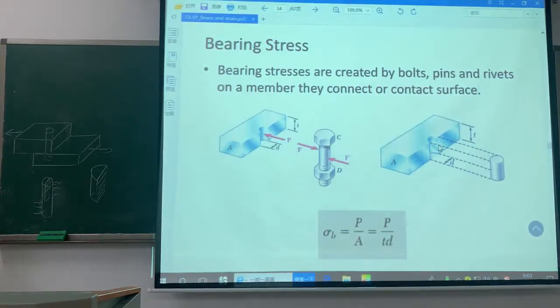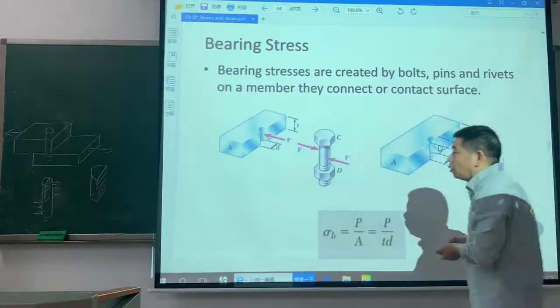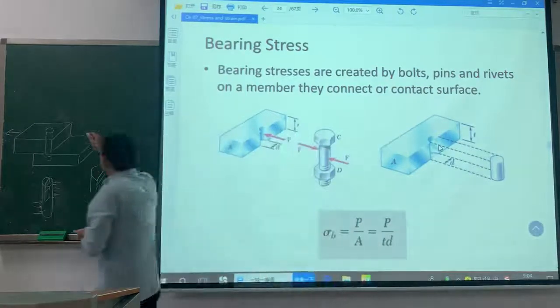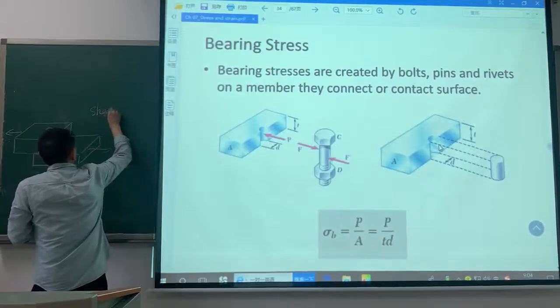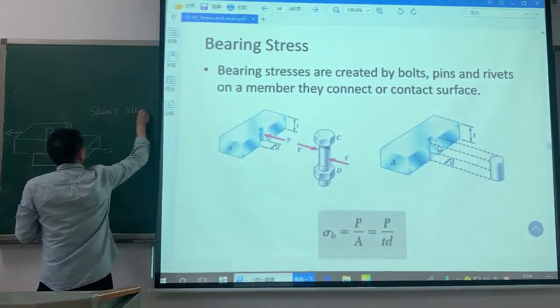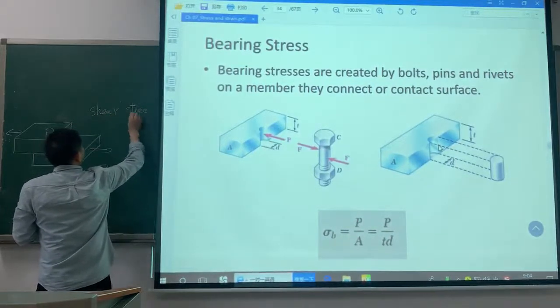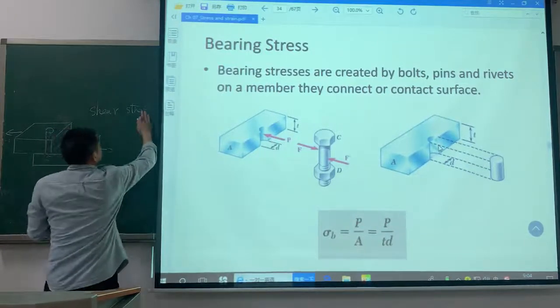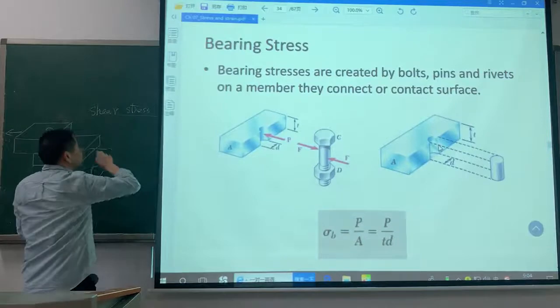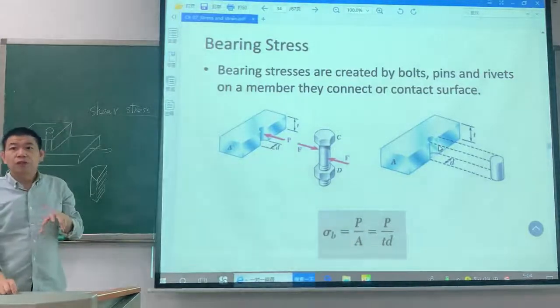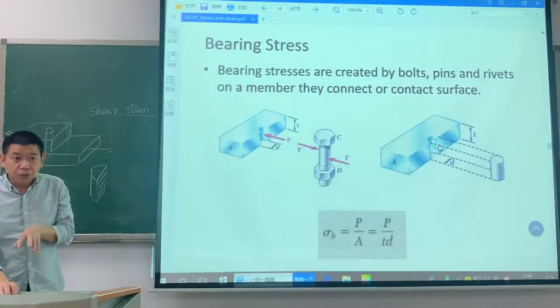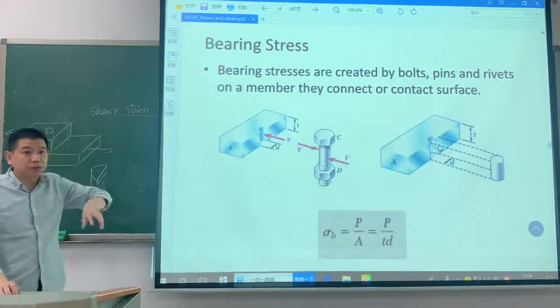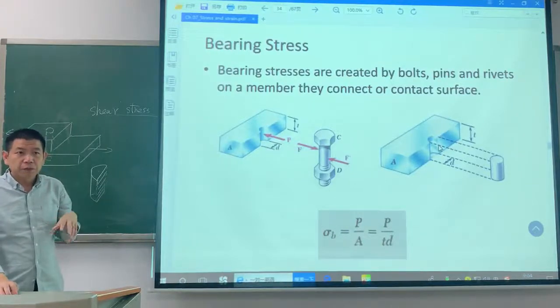So the shear stress must be smaller than the allowable stress. The bearing stress must be smaller than the allowable stress.